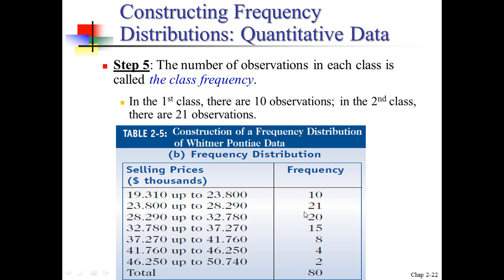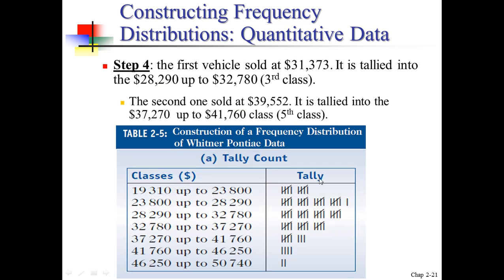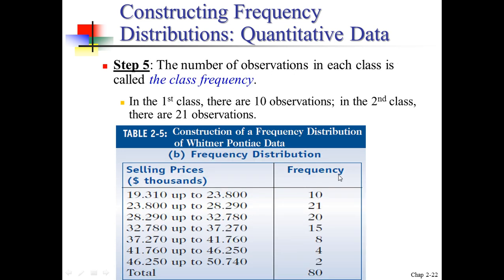Okay, so step 4 we call tally, step 5 we call frequency. This number represents class frequency. What does it mean? In the first class there are 10 observations. In the second class there are 21 observations. That's why I can say the first class frequency is 10, the second class frequency is 21, the third class frequency is 20, and the fourth class and so on up to the total.